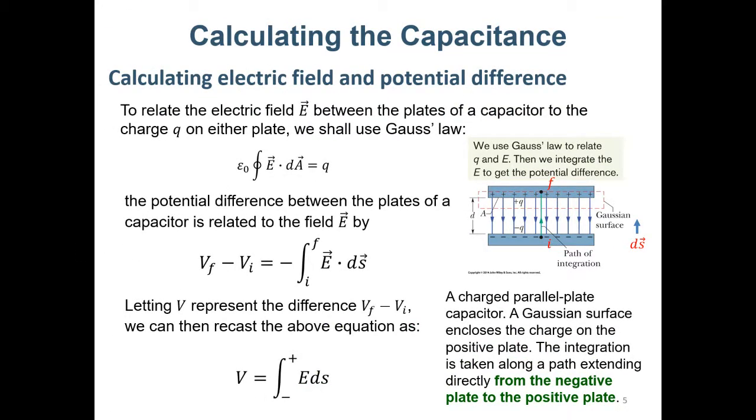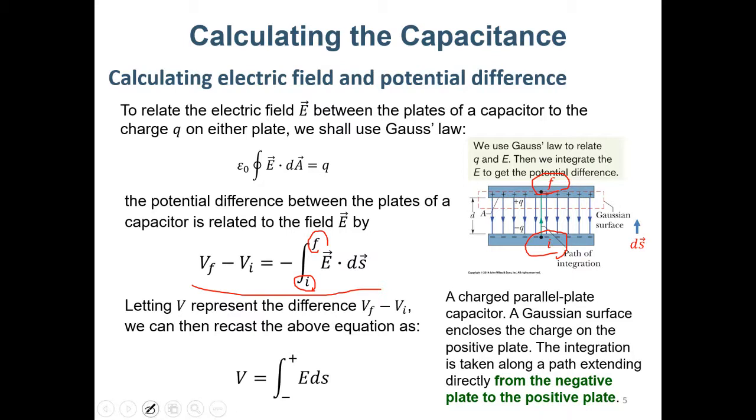We have learned this formula in the previous chapter. The voltage difference is the negative line integral of the E field. This line integral is calculated from I to F, and we define I is here and F is here. The path is in the opposite direction from the E field.